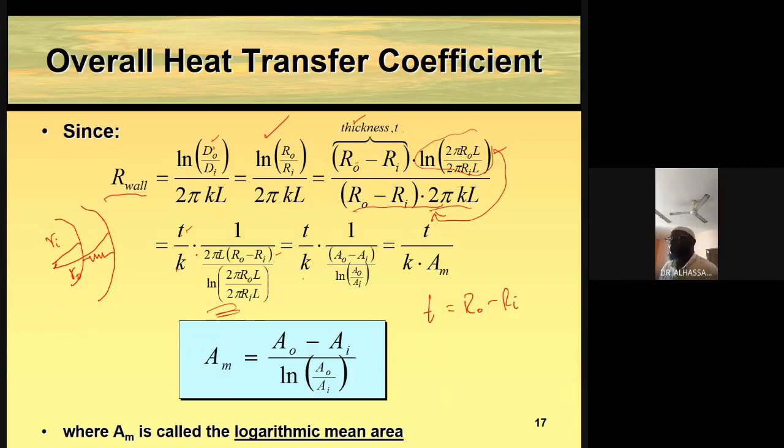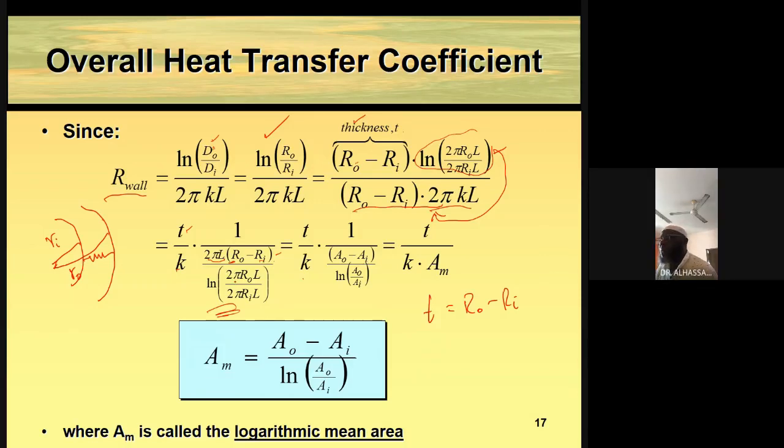And you see, if you multiply this 2 pi by RO, that gives us the outer surface area. Again, 2 pi L times RI gives us the inner surface area.